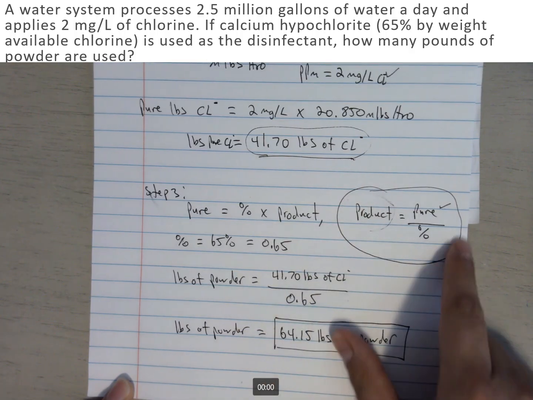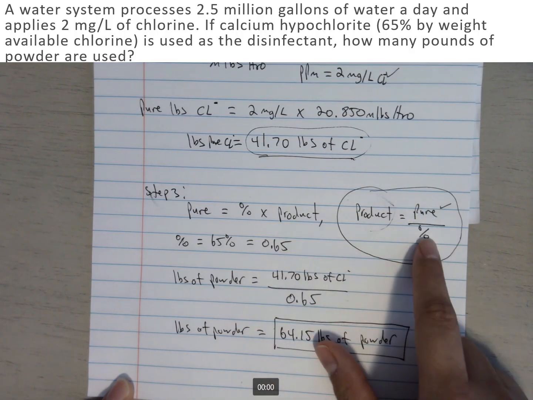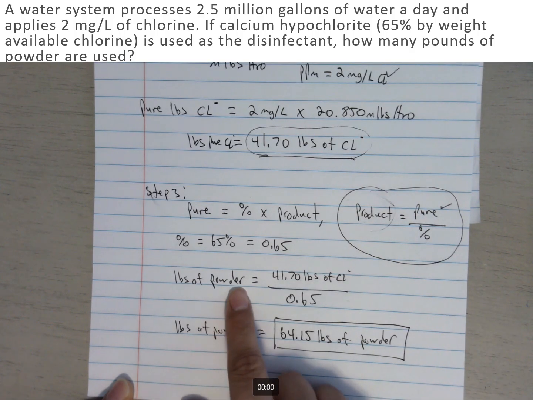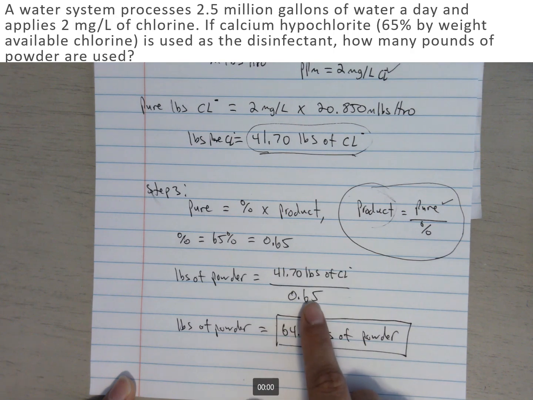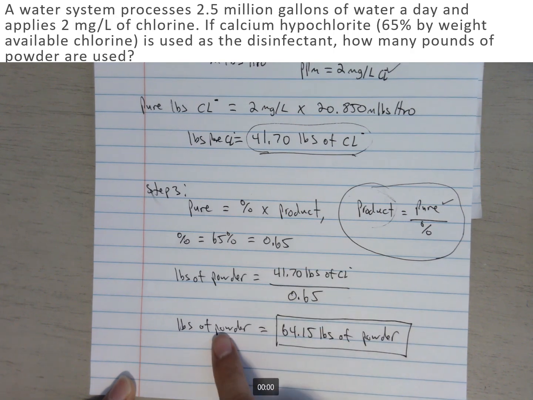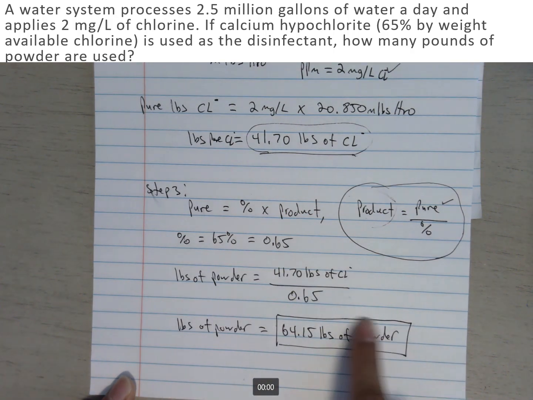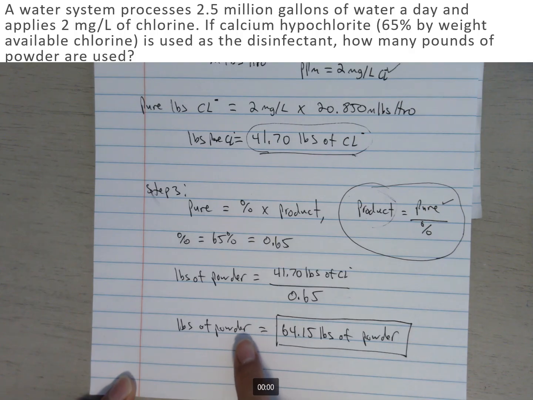Therefore, I use this equation: product is equal to pure over percent. So pounds of powder is 41.7 pounds of pure chlorine ion divided by 0.65, the percent, to give us our total pounds of powder we have to add.